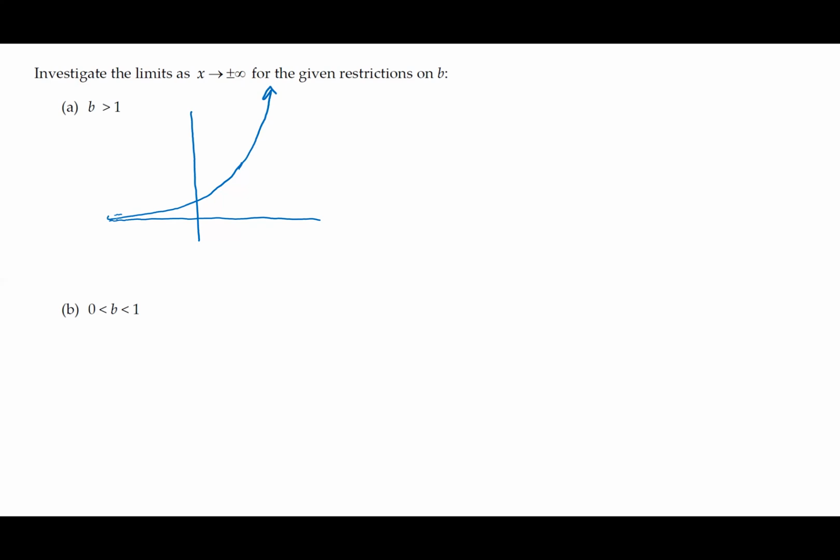And so the end behavior, as x goes to negative infinity, well, this function is getting closer and closer to 0, right? So that limit is 0. Never actually reaches 0, but as a limit, approaches 0. And similarly, as x approaches positive infinity, this thing just blows up to infinity, okay?